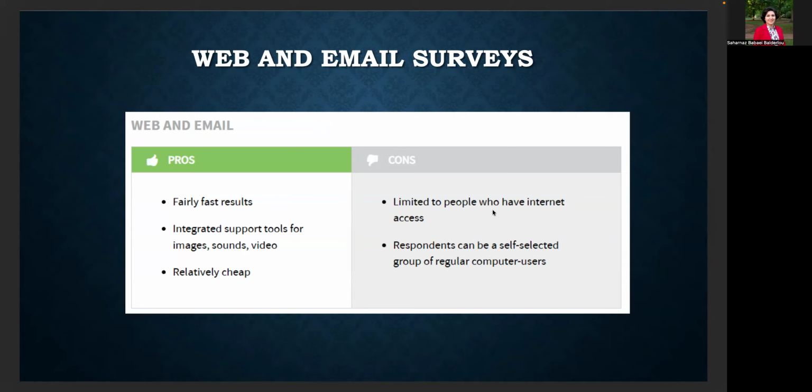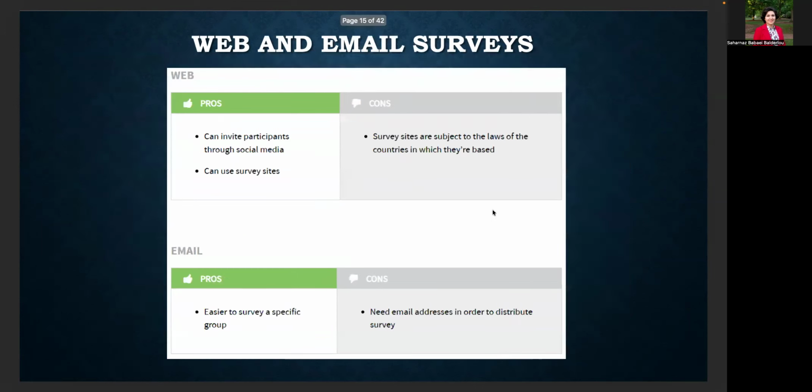But you know that through the UWL, we also have access to Qualtrics that you can use and share the link through the web and through the emails. These tools also allow researchers to design forms, distribute them widely, and analyze results instantly.